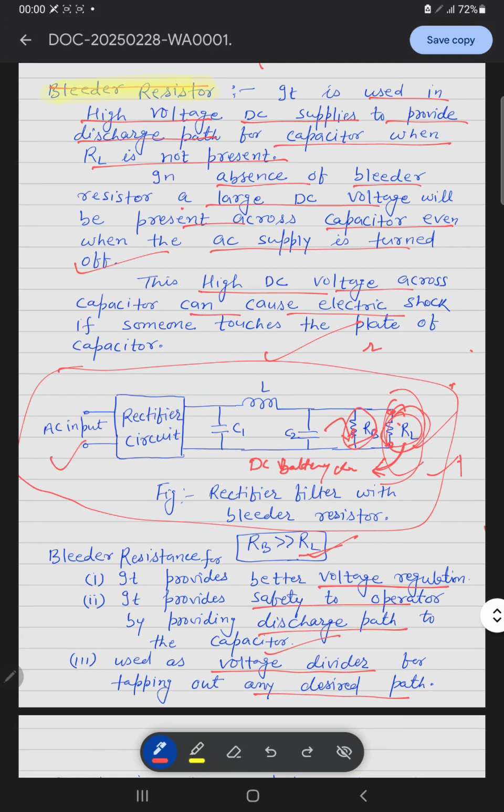When the AC input is off, it is holding the capacitor charges, and they will be discharged through the bleeder resistance when the load is not connected, for safety and shock protection, or providing a discharge path for the capacitor. Okay, this is the basic overview of the bleeder resistor.